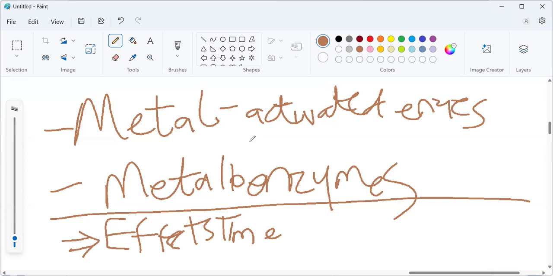The active site of an enzyme represents a small region at which the substrate can bind and participate in the catalysis.